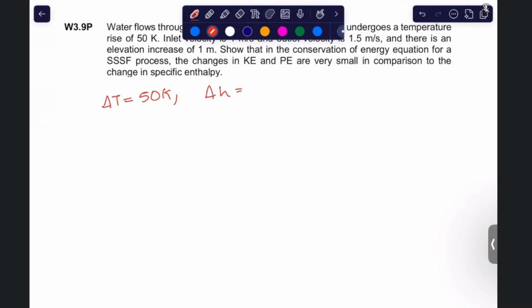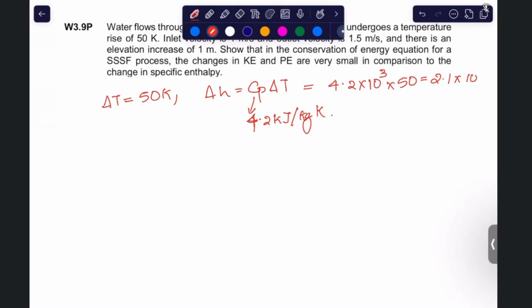So enthalpy change will be Cp delta T, right? Cp for water is around 4.2 kilojoule per kilogram Kelvin. If you use that and delta T, we will be getting 4.2 times 10 to the power 3 times 50, equal to 2.1 times 10 to the power 5 joule per kilogram. So that is the change in enthalpy.